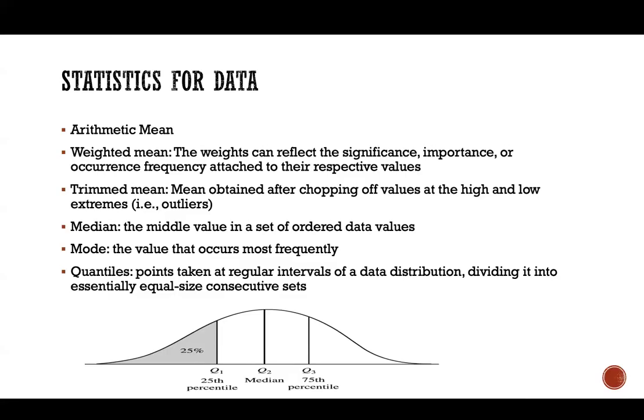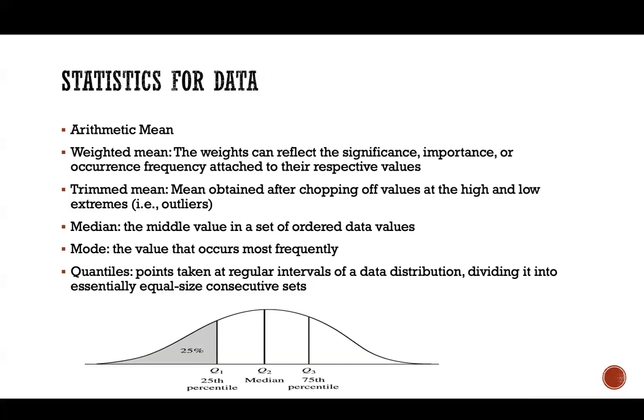Median is the middle value in a set of ordered data values. Again, most of you are familiar with this. Mode is the value that occurs most frequently in the data set for that attribute. For example, if we have the gender of the customer, and we see the majority of the customers are female, then that's the mode.